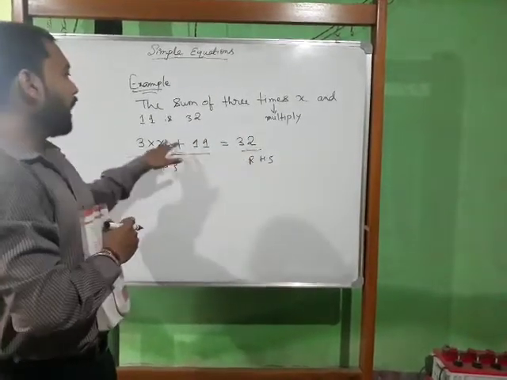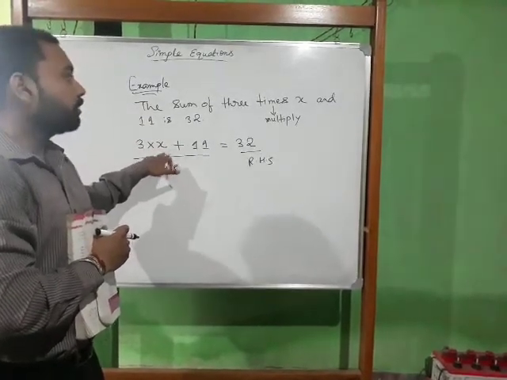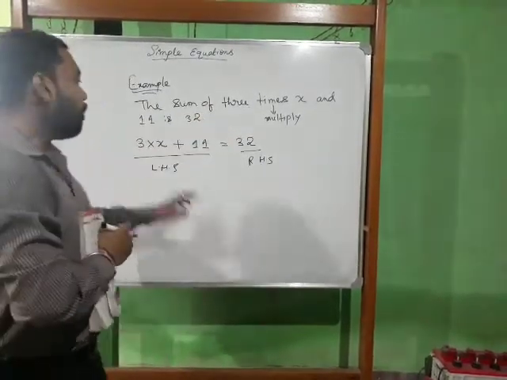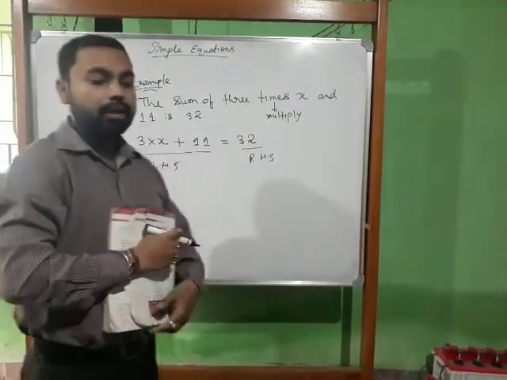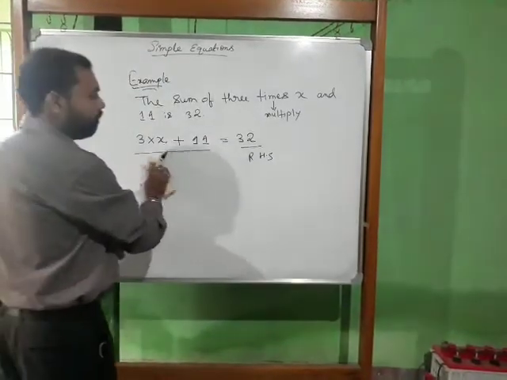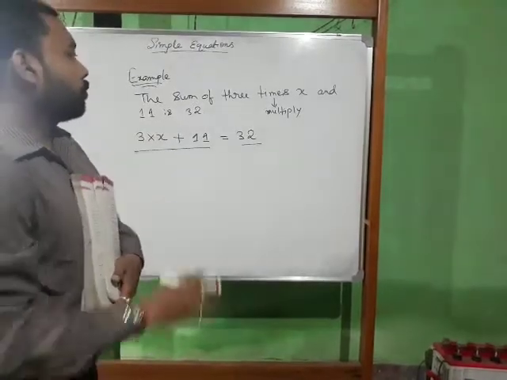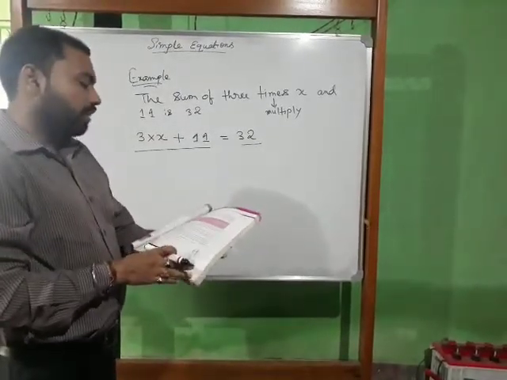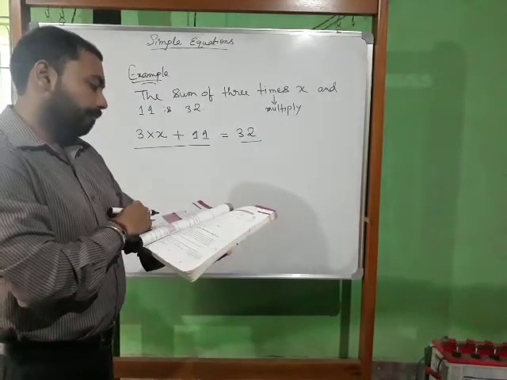Then only you can find the value of this variable x. Now let us proceed. How can you find the value of this x? There are so many methods, but since in your book exercise one question is there, solve the given equation with the help of it, it is there in 4.2.